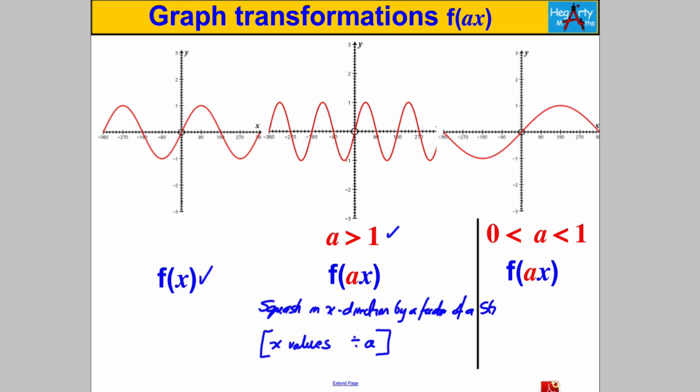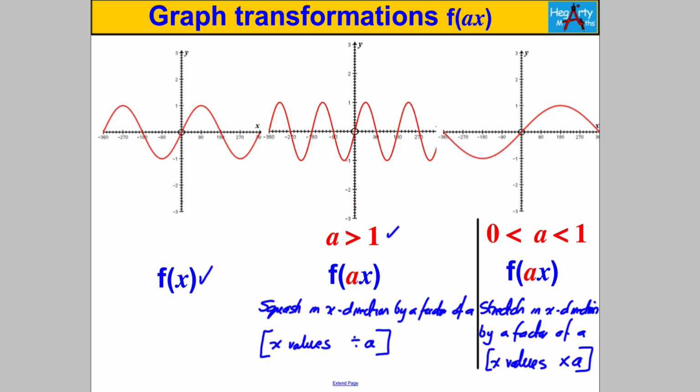So this time we're stretching in the x direction by a factor of a. So in practice, what that means is we're going to take all the x values and we're going to multiply them by a.